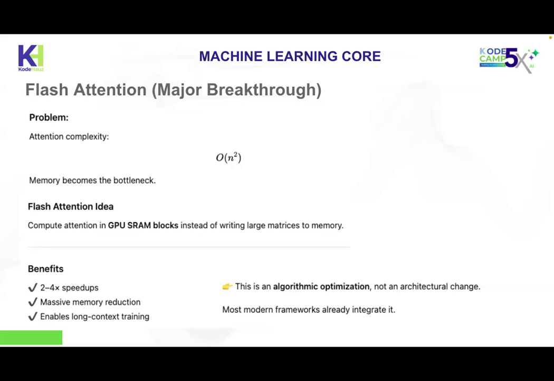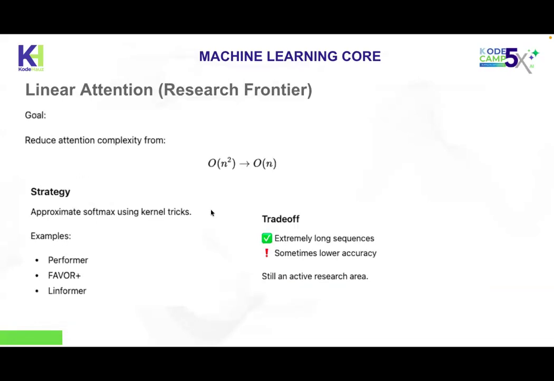You can just keep them there in the GPU, and that helps to speed up the calculation. Some of the benefits you see are a 2 to 4 times speed up, a massive reduction in the memory demand, and longer context training. Of course, if you have a massive reduction in memory, it means you can have more context because memory is always the bottleneck. So it's more of an algorithmic optimization. The architecture is still the same. It's just that we are now pushing into GPU RAM, and a lot of frameworks are already using it.